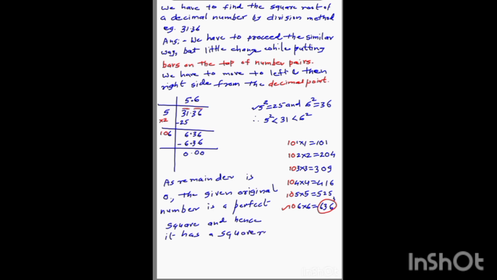We are trying to write the actual answer. We are trying to find the square root of the number 31.36. So the square root of 31.36 is 5.6, and where we got it, just see here. Okay, that's it.